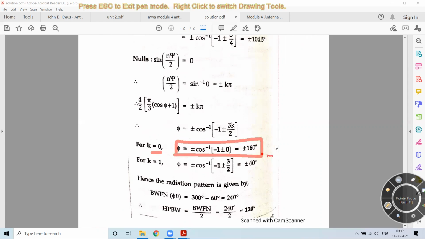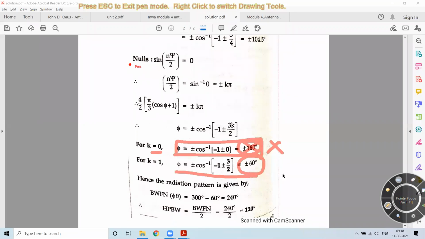So this one I cannot consider, because in this direction I already have a maxima. Therefore, I neglect this. So the only possible value is along plus 60 degrees and minus 60 degrees. Only along this direction will I have a minima, that is null.